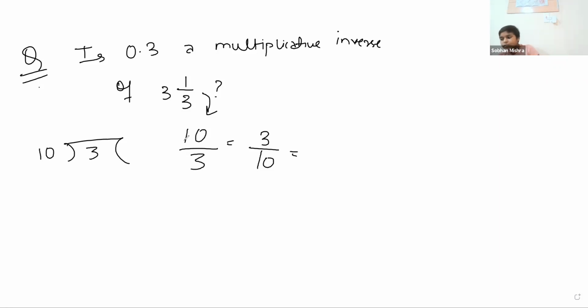It is 0 by 3. What are you getting after dividing 3 by 10? I got 0 by 3. How are you getting 0 by 3? Do you know you are saying 0 by 3? Are you getting this?